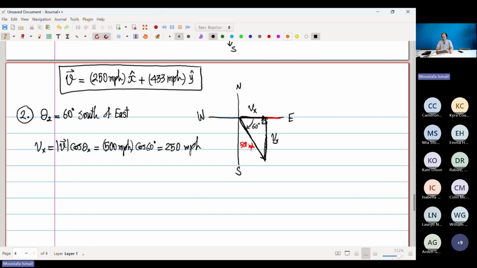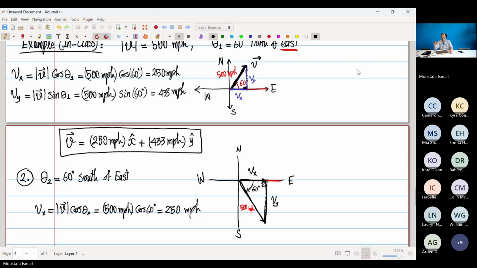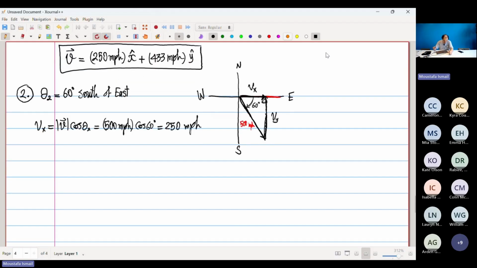And it makes sense because the plane didn't change its direction along the x-axis. It's still going to the east. But for the y-axis, we see it flipped its direction.